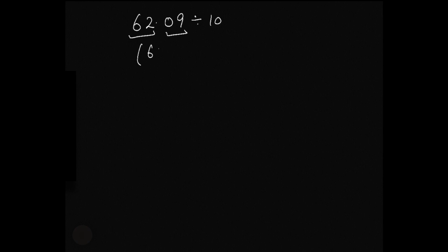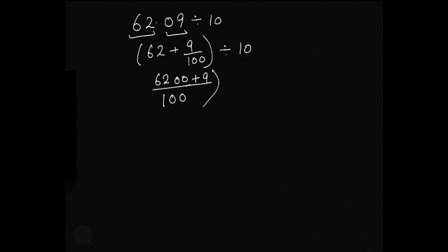So let's expand like we did in the previous example. It is divided by 10. So you know how to add this. Take 100 as LCM. This will become 6200 plus 9, which is divided by 10, that is 6209 upon 100.